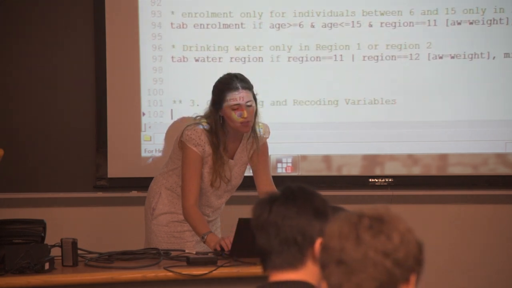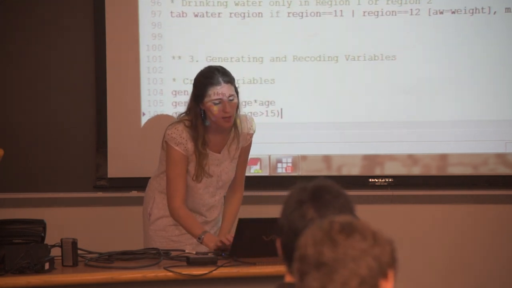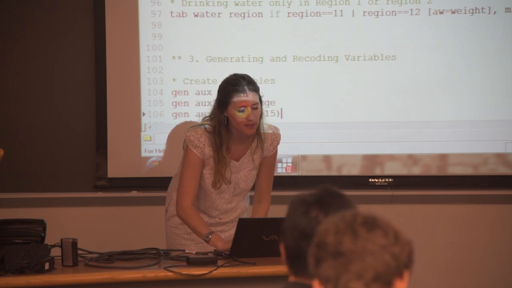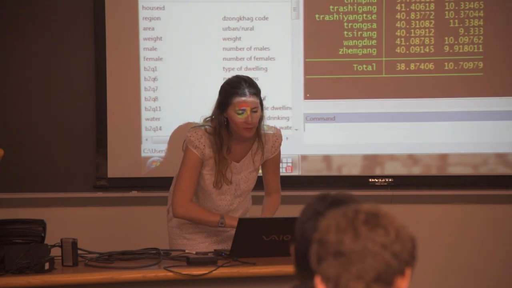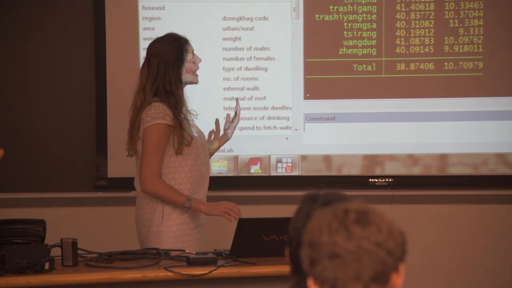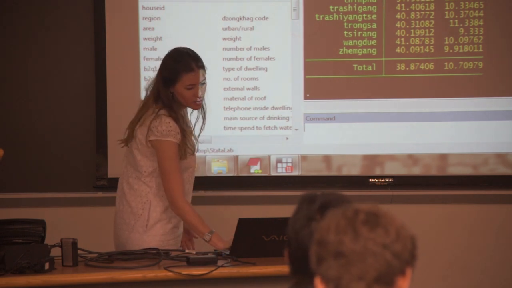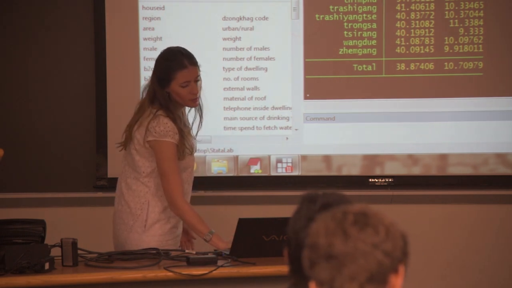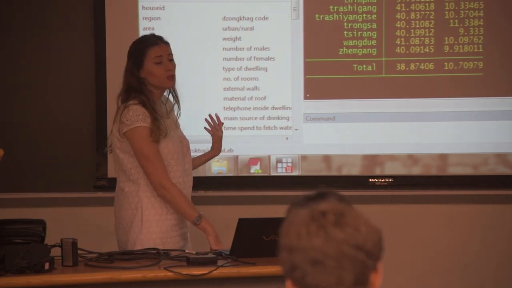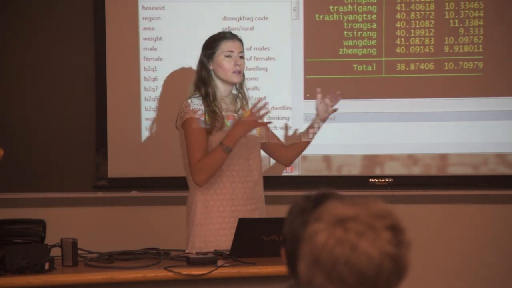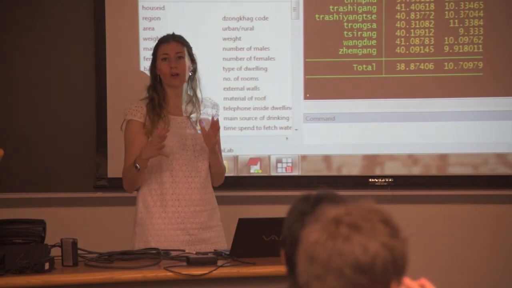Now, I've already mentioned something about conditions and filters, when we were looking at this example of tabstat before, and how, for example, we can add this filter here that we only want to see this information for people that are above 17. We might not be interested in looking at the whole sample, but just at a particular group.